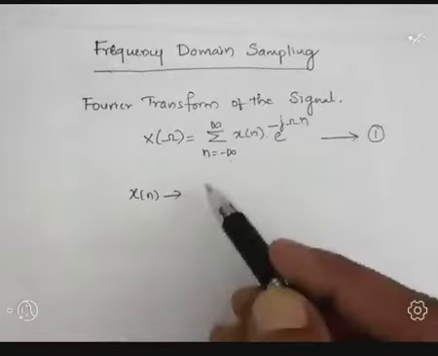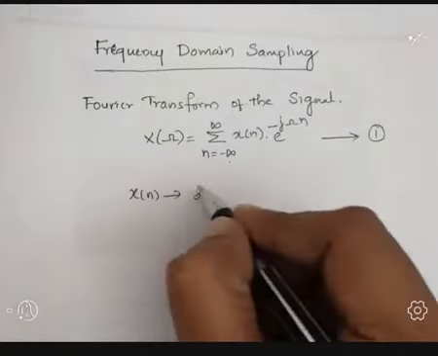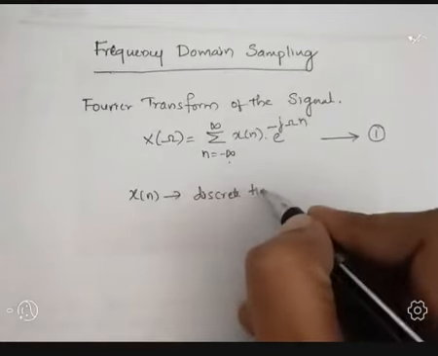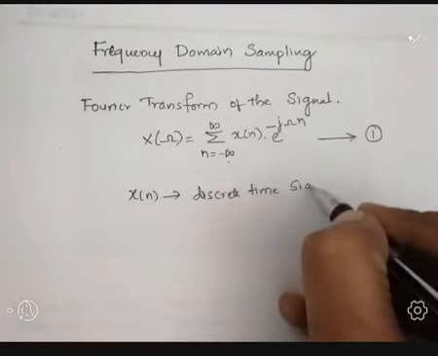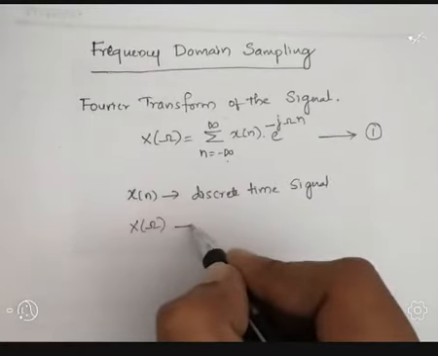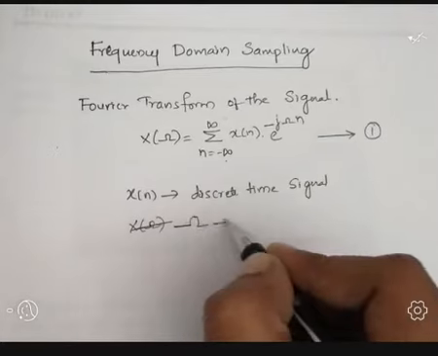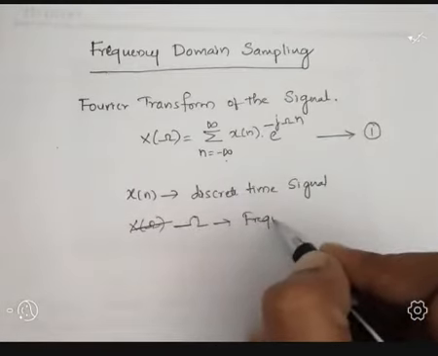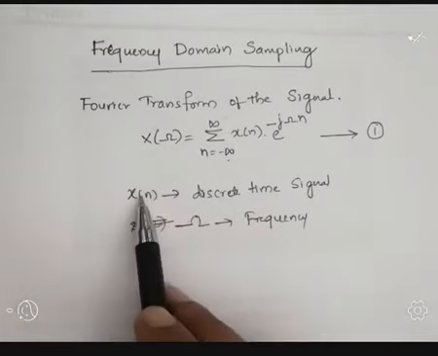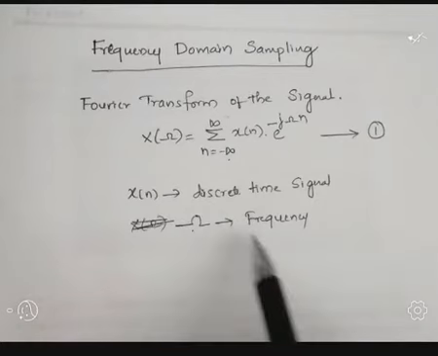Here in this equation, x of n indicates the discrete time signal, whereas omega indicates the frequency component of the signal.